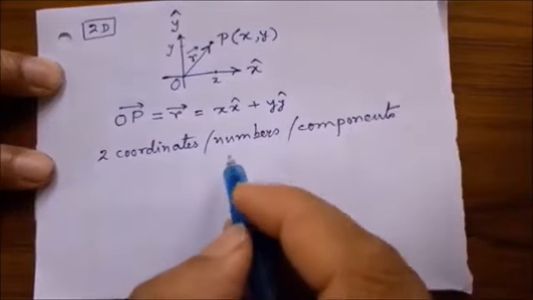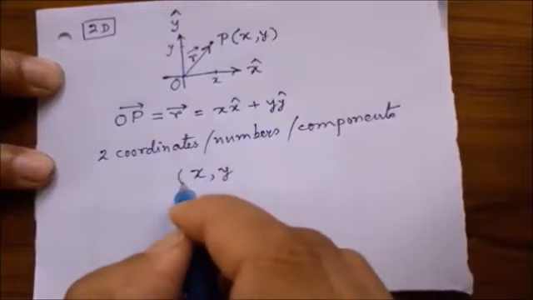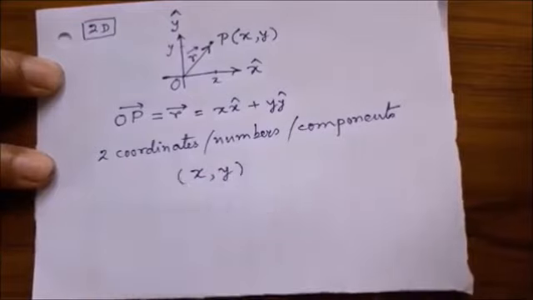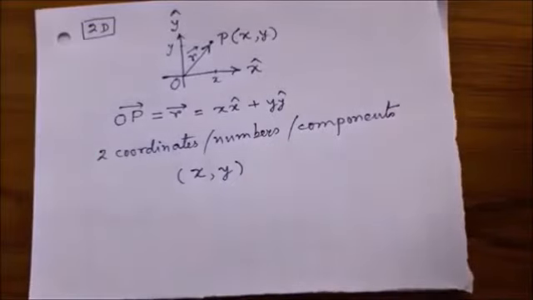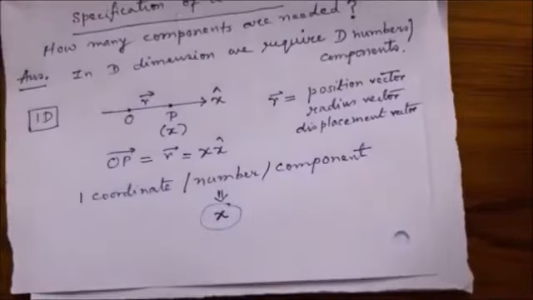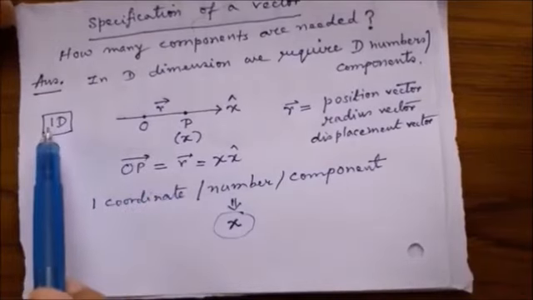And what are the numbers or coordinates or components? One is x and the other is y. So in 2D we require two components, and we needed one component in 1D space.